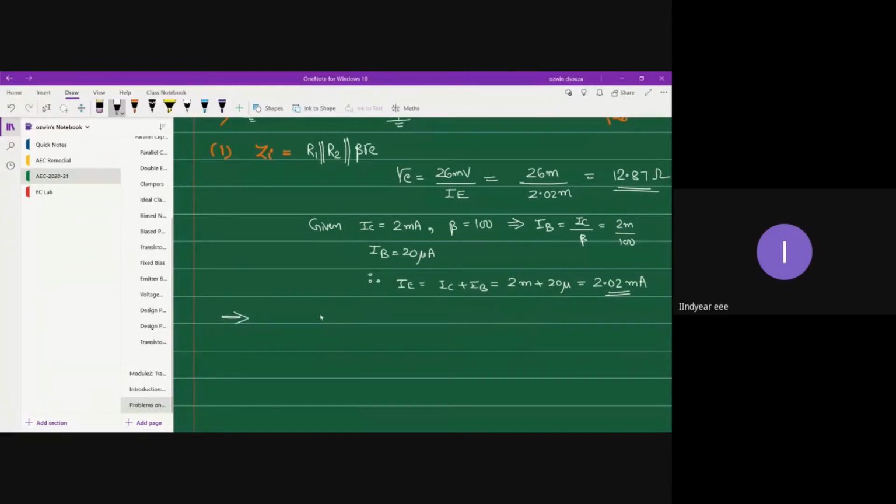Okay. And therefore, beta RE is 100 times 12.87. So that's 1287.12 ohms.